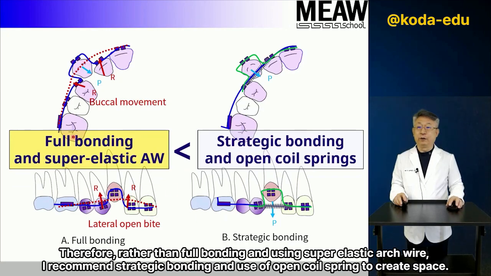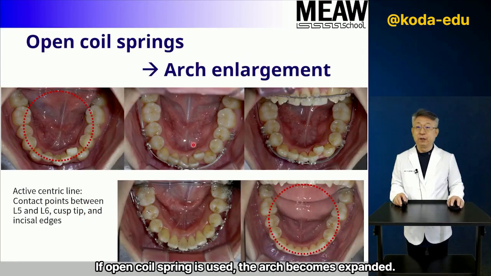Therefore, rather than full bonding and using super-elastic archwire, I recommend strategic bonding and use of open coil spring to create space. If open coil spring is used, the arch becomes expanded.